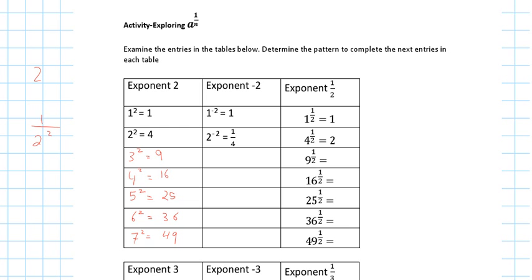So what would I have if I have 3 to the power of negative 2? 1 over 9, because it's 1 over 3 squared. 4 to the power of negative 2? 1 over 16. 5 to the power of negative 2? 1 over 25. 6 to the power of negative 2?